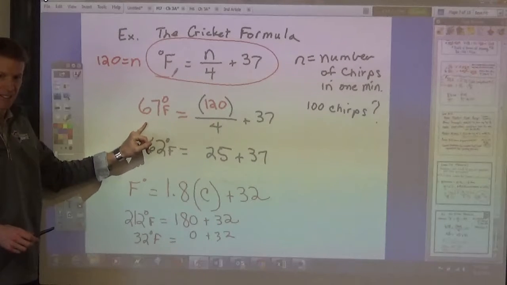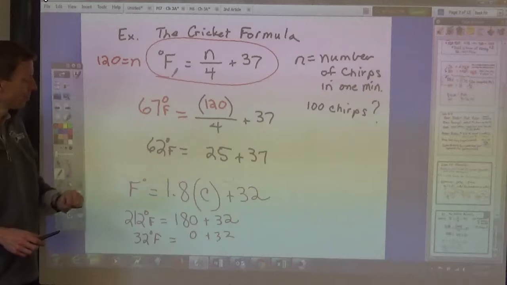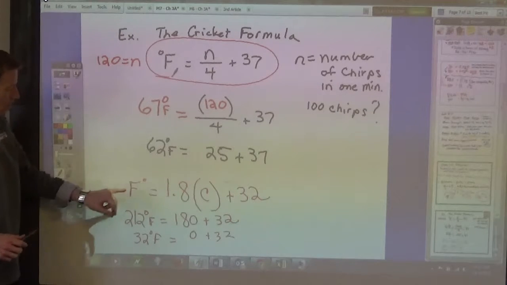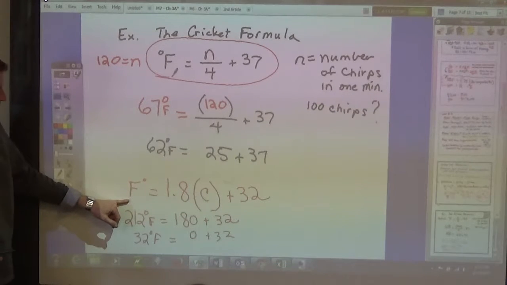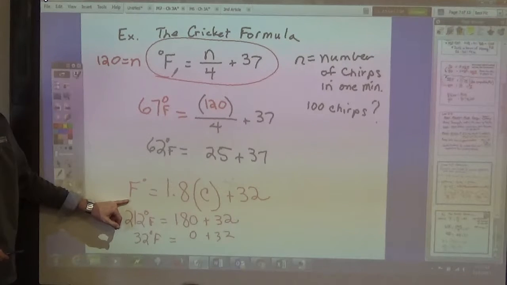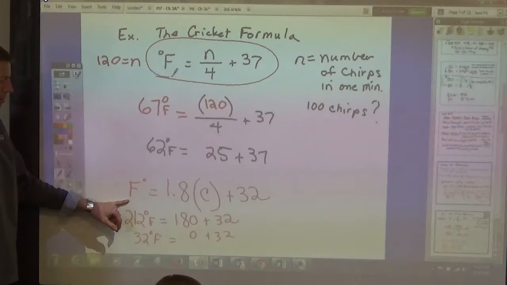Cool, huh? There's also a formula for calculating Celsius and Fahrenheit. Celsius is one way of measuring temperature. It's a different scale, where 0 degrees is the freezing point of water instead of 32.